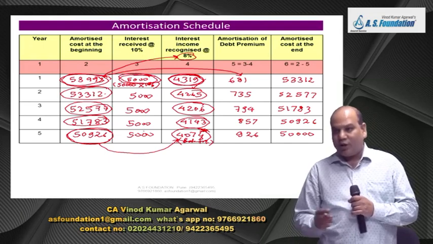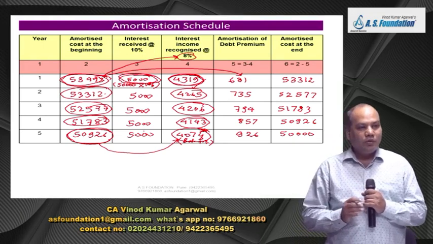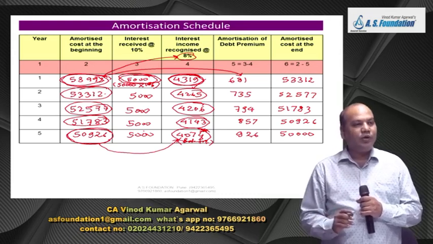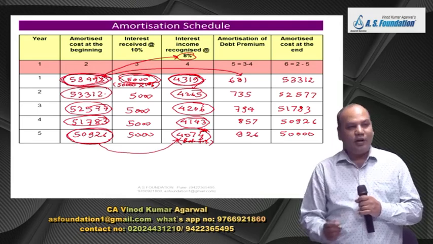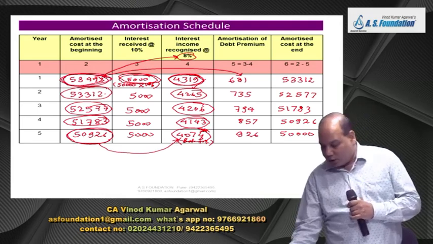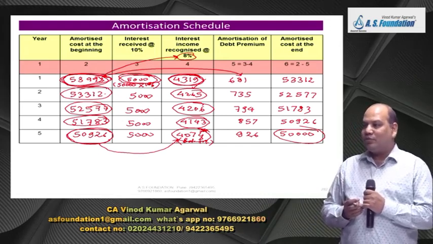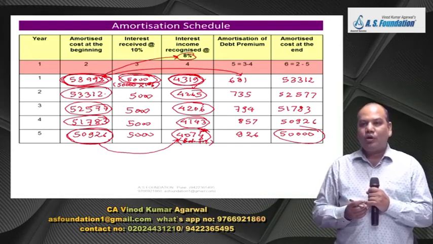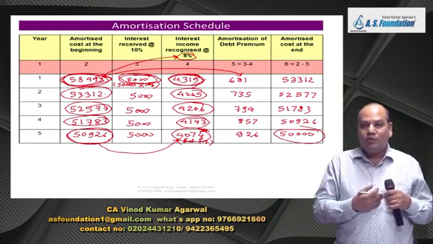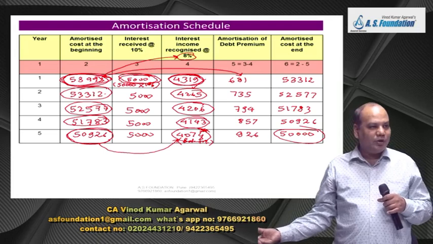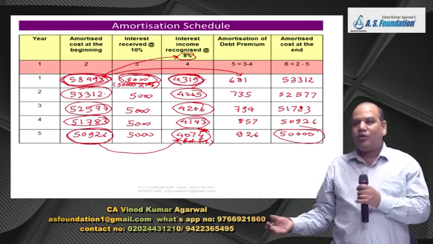Every year I am going to recognize 5,000, and in the last year what problem will happen? My book value will remain 53,993 and my redemption receipt will be 50,000, and I am going to show a loss. Why? Because my book value is more and my amount received is less. So last year my income will suddenly go down.